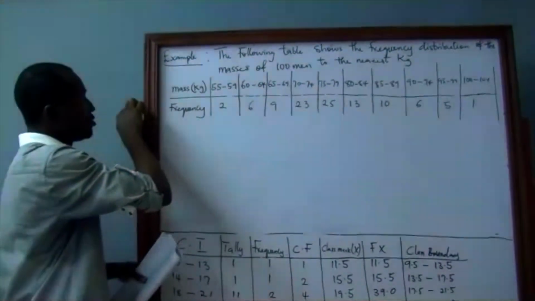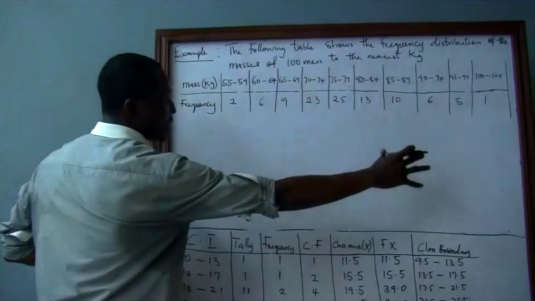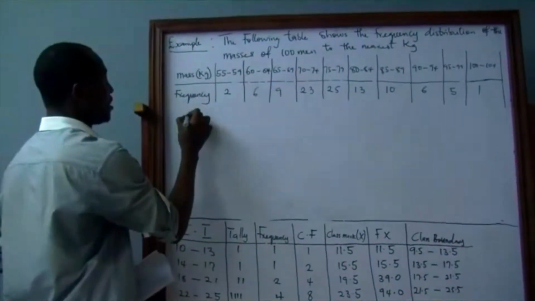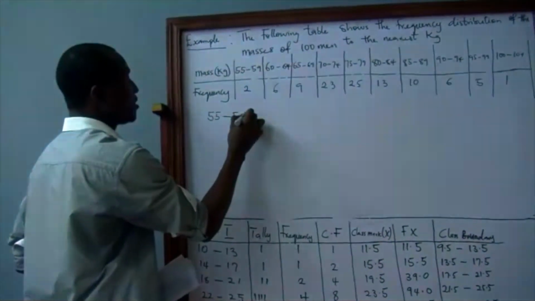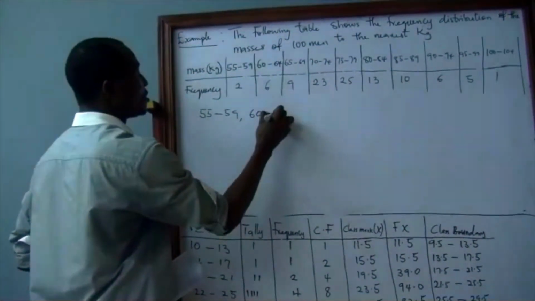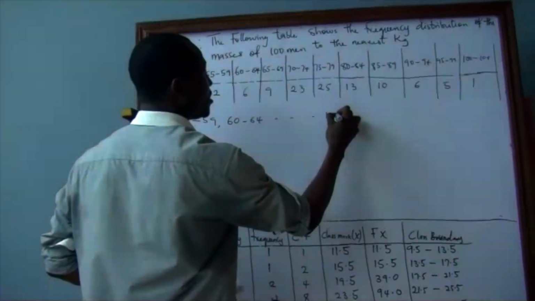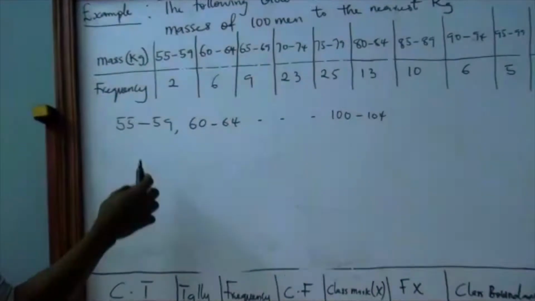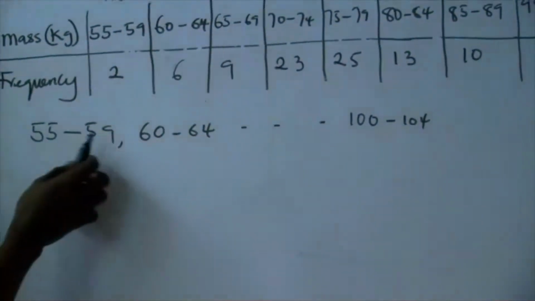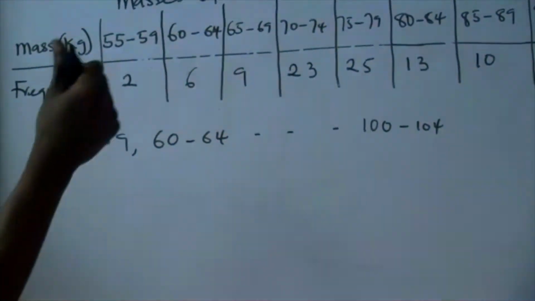Some questions too, they might also give us the data set just like we have it earlier, then tell us to use the class interval 55 to 59, 60 to 64, up to 100 to 104. So it is now left to us to understand what the interval here is. 55, 56, 57, 58, 59.